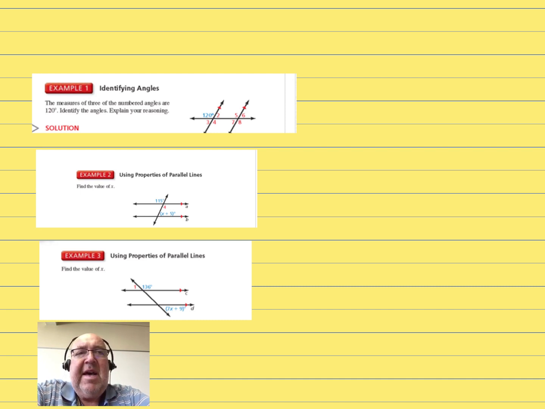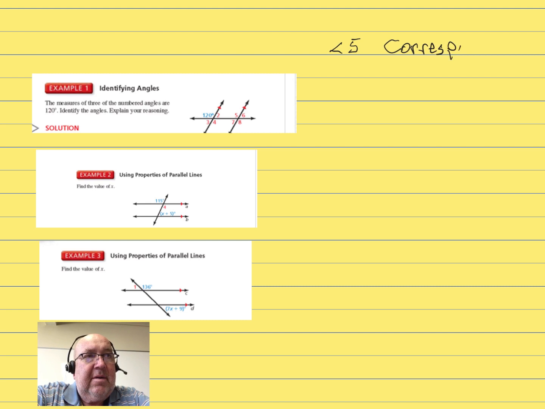So we know that angle 5 measures 120 degrees because of corresponding angles. We know that angle 4 is equal to 120 degrees, and that's because of the vertical angle rule.